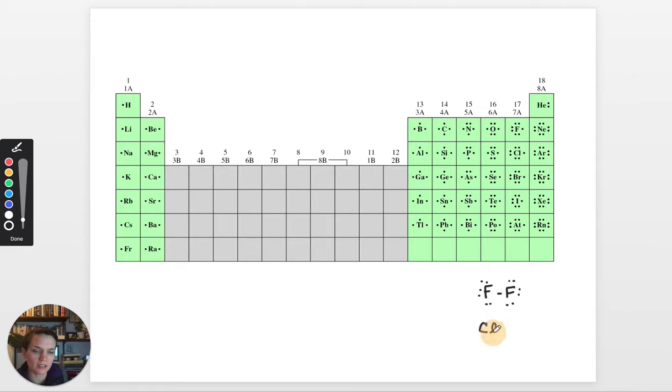Chlorine looks the same way. Right? They all have 7 valence electrons that are assigned to them. They have this tendency to form one bond. I like to remember that because they are one step away from a noble gas. So group 7A is going to have a tendency to form one bond. Right? So here's our examples.